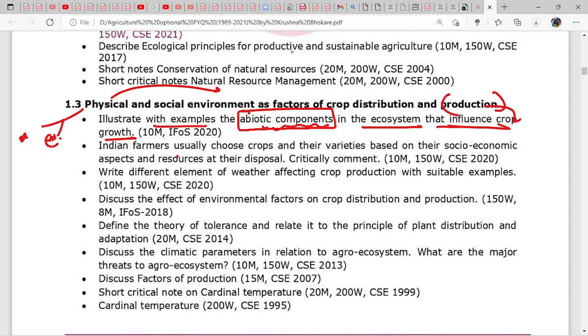This has been asked: Indian farmers usually choose crops and their varieties based on their socio-economic aspects. That means they are asking about our social environment and resources at their disposal.